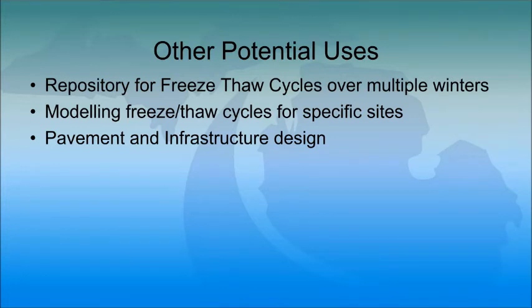Now we would have a tool to actually help us track these. And then we can model freeze-thaw cycles for specific sites where there may be issues that need to be addressed. And it can potentially be utilized for pavement and infrastructure design, such as bridge foundations, which this study takes off of another study that was performed by Michigan State for a freeze model. If I remember correctly, it was for a foundation issue for freezing and thawing.